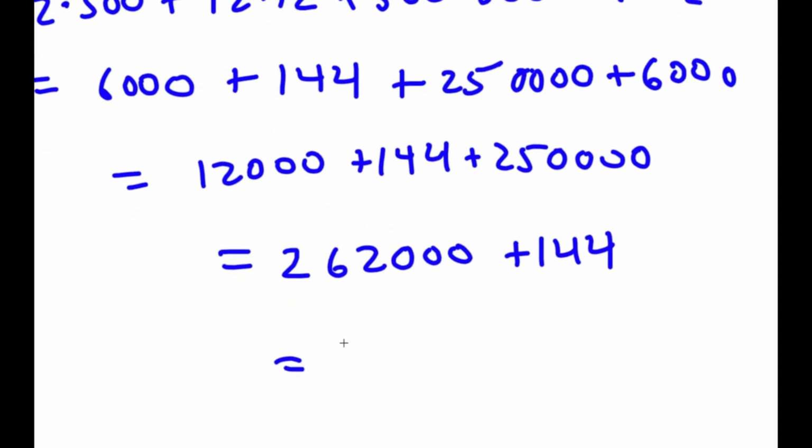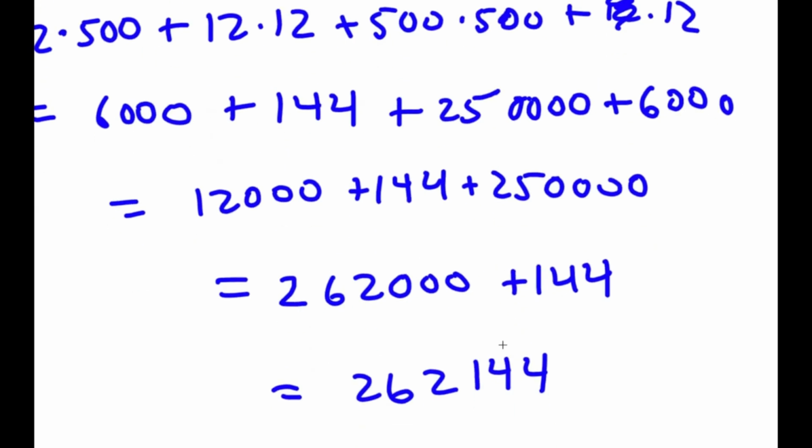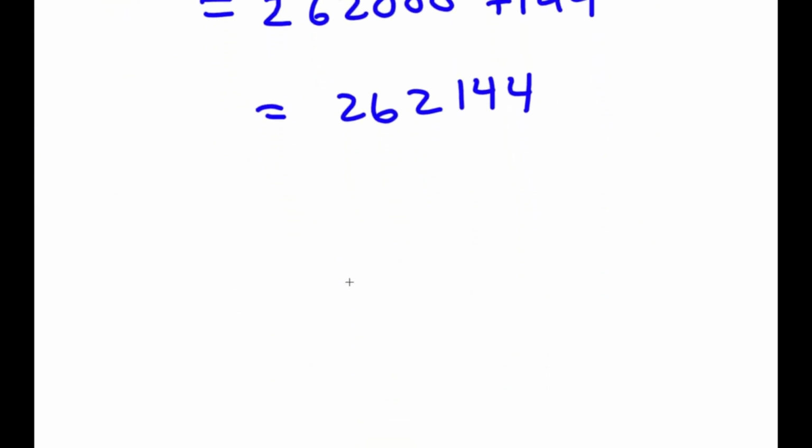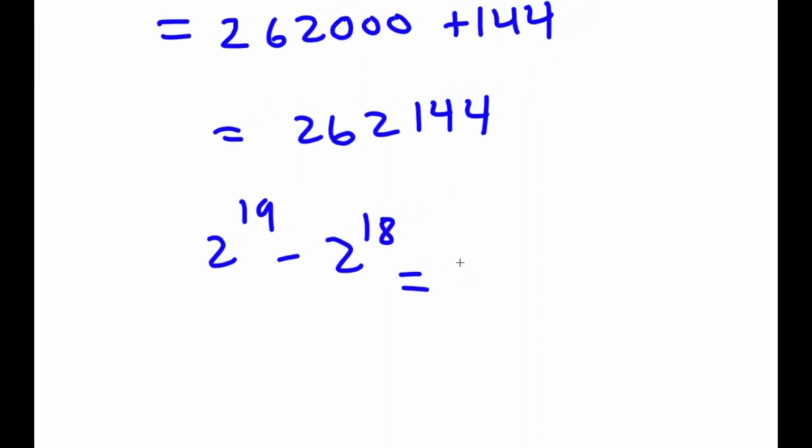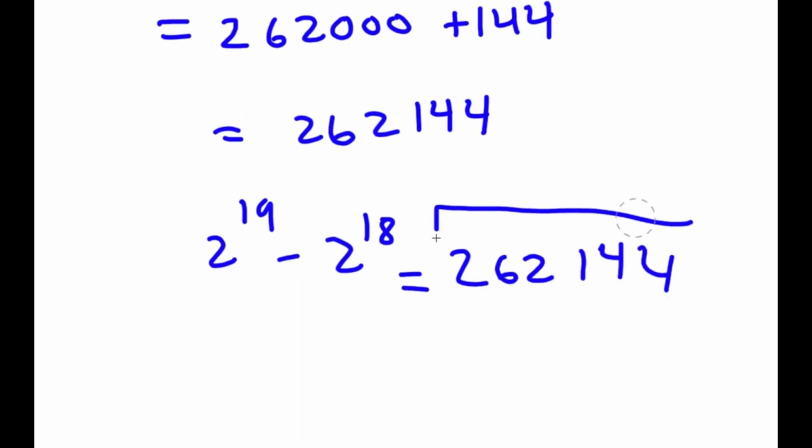And this is equal to 262,144. Meaning 2 to the power of 19 minus 2 to the power of 18 is equal to 262,144.